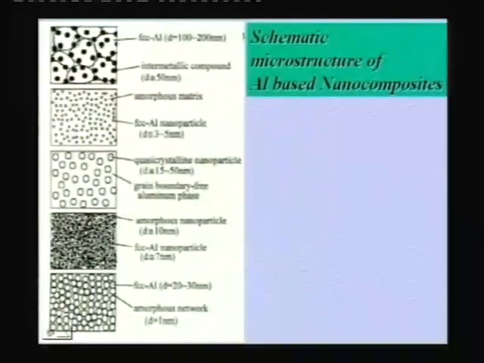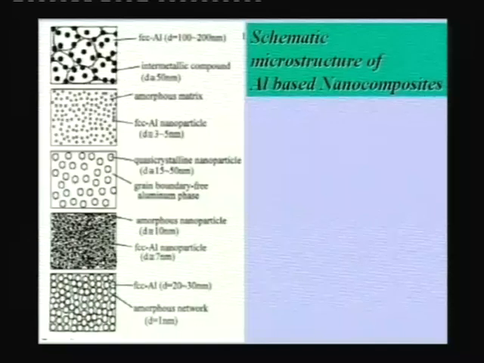And when you talk in terms of FCC aluminum with some intermetallic components as nanoparticles precipitated in an aluminum matrix, this kind of phase can be easily obtained by first generating a supersaturated solid solution.